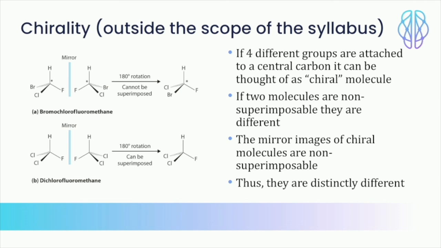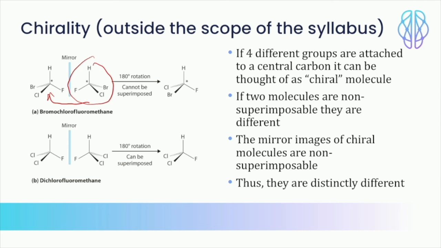Now, I don't want to get into it too much, but that's the crux of it. So if you look at this molecule on the right-hand side, this is a perfect mirror image of this molecule on this side, right? No matter how we try and rotate this around, we can't superimpose it on top of this.